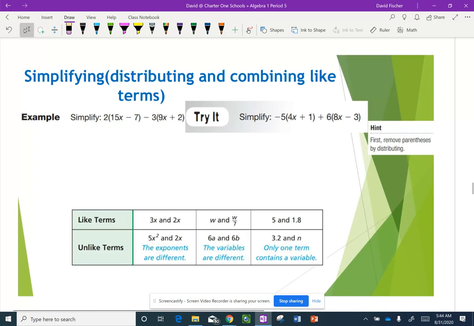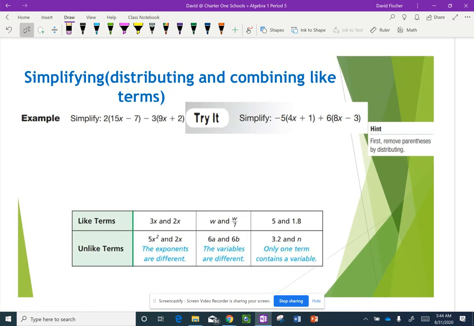All right, so now we have a little bit of everything we've learned. We're going to use the distributive property to solve this one, and then we have to collect all of our like terms. So everything that we've done so far, the first day we did multiplying, dividing, adding, subtracting integers. We're going to need that concept today. And then we went to collecting like terms.